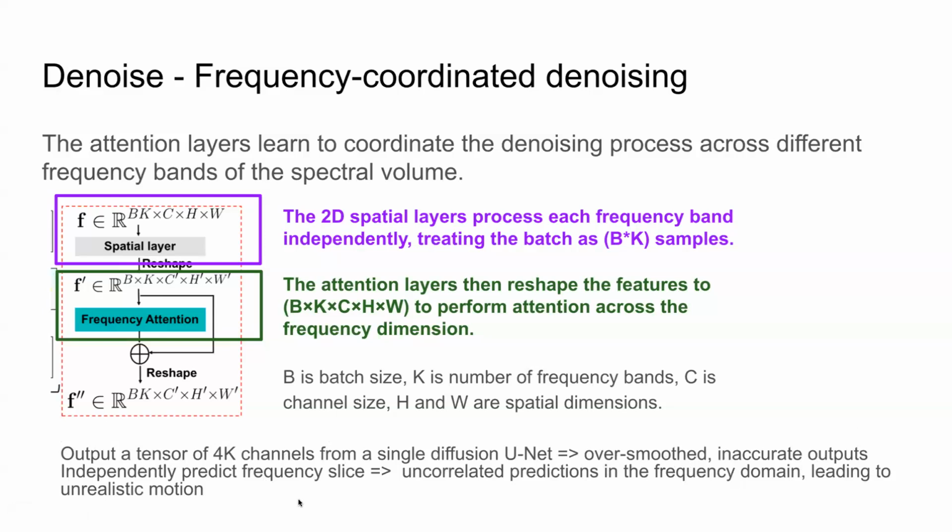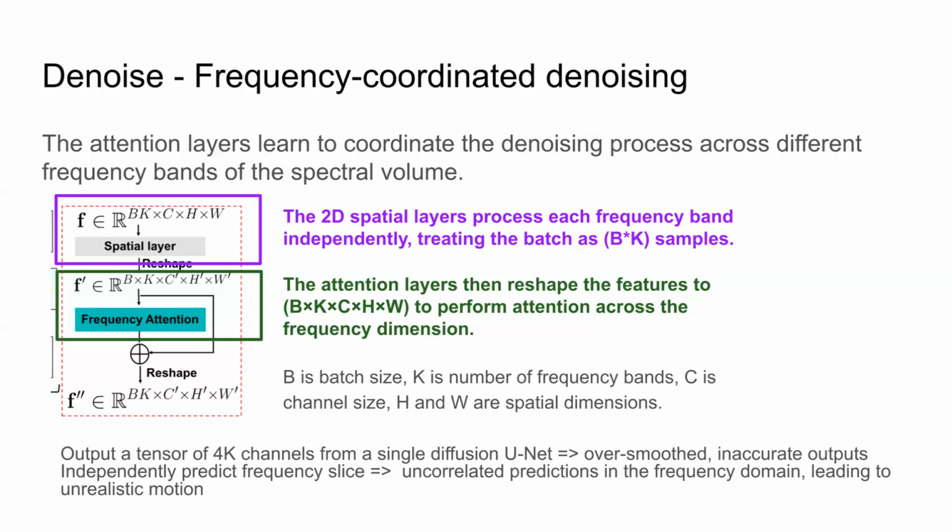What might happen is that in your prediction, all these frequencies are not correlated, and this lack of correlation can lead to unrealistic motion, because you might see things suddenly jump very fast or something like that. So the consistency can be broken. That's why, in the denoising, the author wants a frequency coordinated layer.